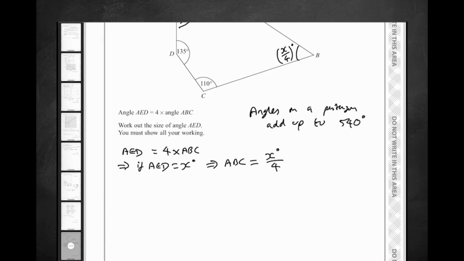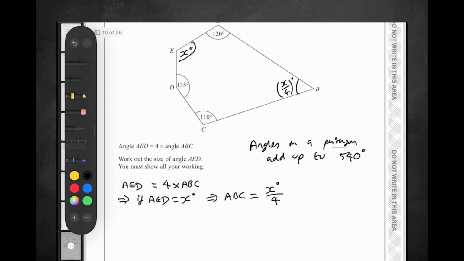So, just got a little bit too low there. We're going to have 120 plus x plus 135 plus 110 plus x over 4 equals 540.